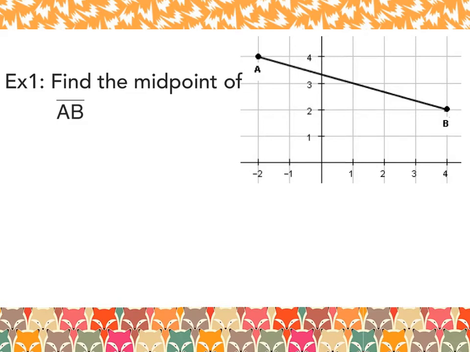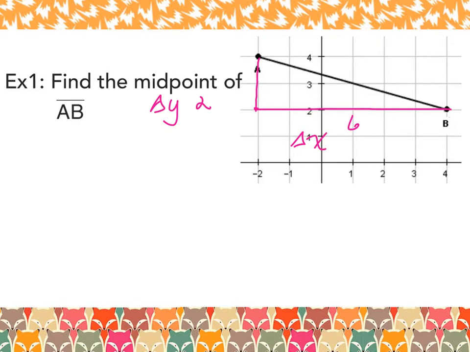And this is the same segment from the last example. So we said our change in Y was 2. That's our change in Y. I'm going to write that out here. And our change in X from A to B is 6. Okay, so we discovered that in the last example.